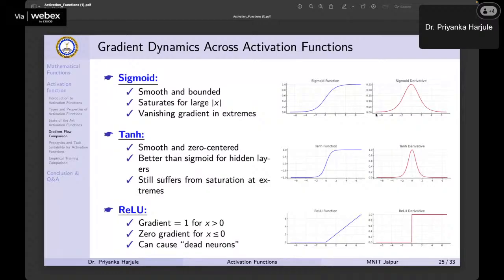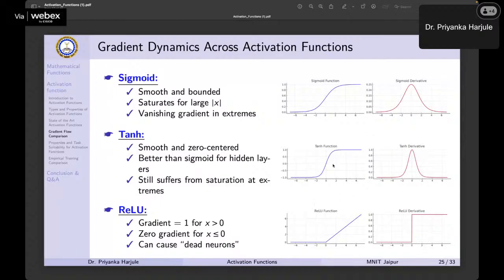It is not zero centered also, so this can cause biases in the gradient update direction. This is bad for deep layers because the early layers learn very slowly due to very tiny gradients.